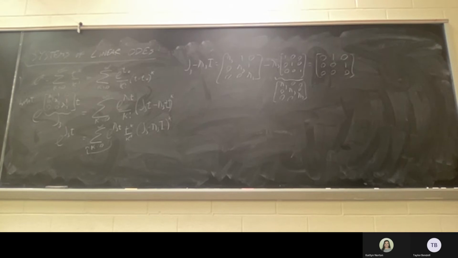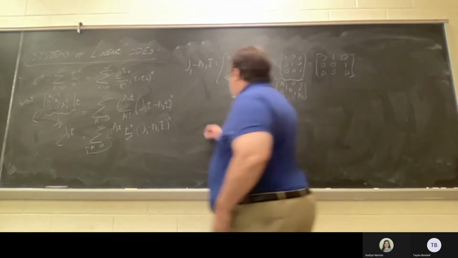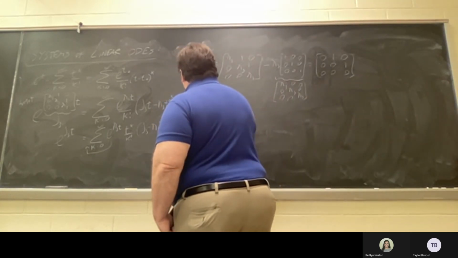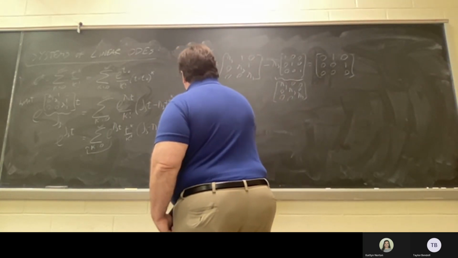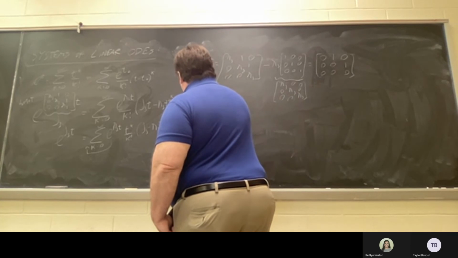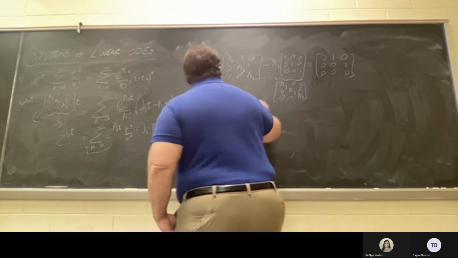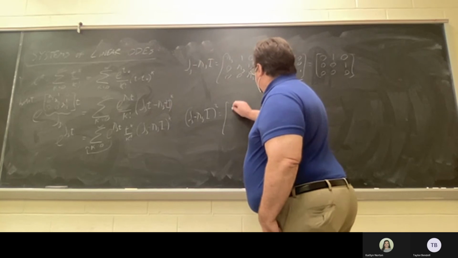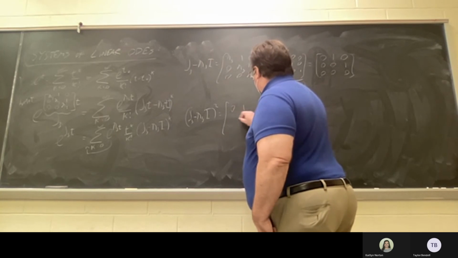So then we can take powers of that. And since most of the entries are 0, we can bet that there's going to be mostly zeros when we take powers of it. All right. So then J3 minus lambda 3 identity squared is going to be equal to this matrix squared.